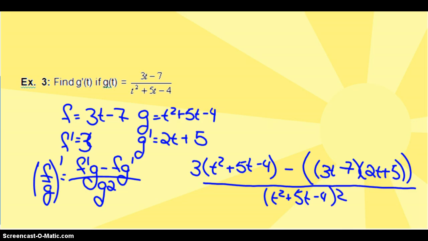And then I really want you guys to be comfortable with the algebra as well. So this is technically the derivative right there. I want you to work down to negative 3t squared plus 14t plus 23 all over (t squared plus 5t minus 4) quantity squared. So see if you can get this answer to go to that.